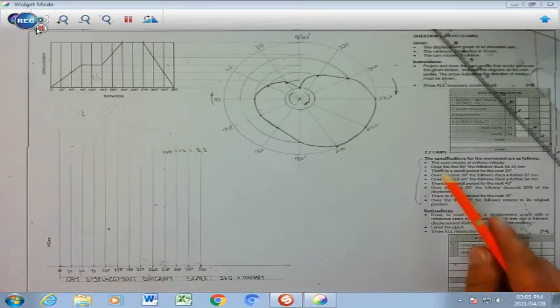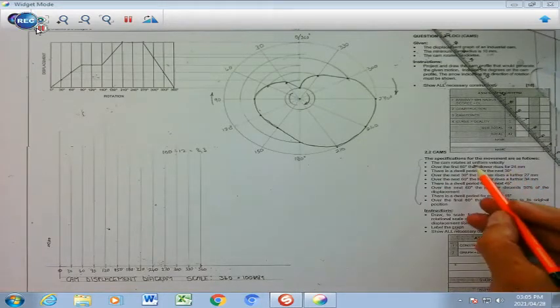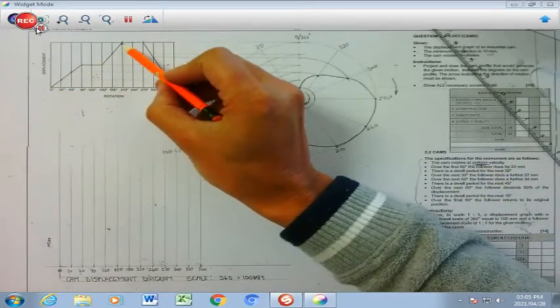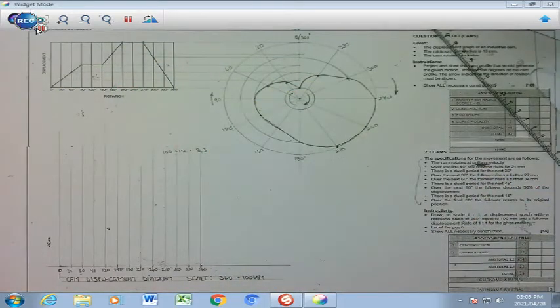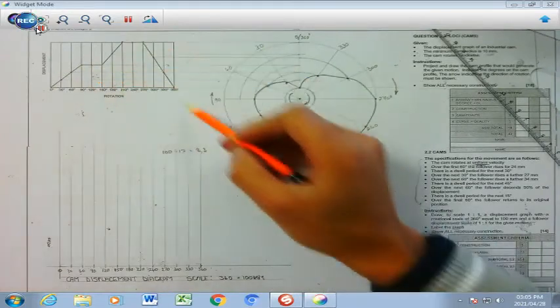We go to our first bulleted point. It says here that the cam rotates at uniform velocity. That word uniform is very important. The word uniform means that it moves through the cam displacement diagram in straight line format. I want to reiterate, uniform means in straight line format.